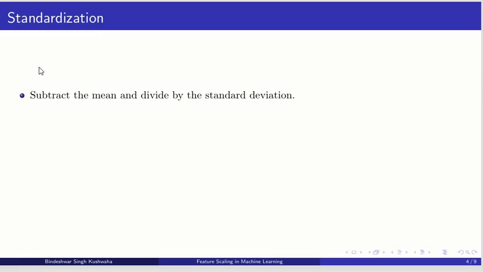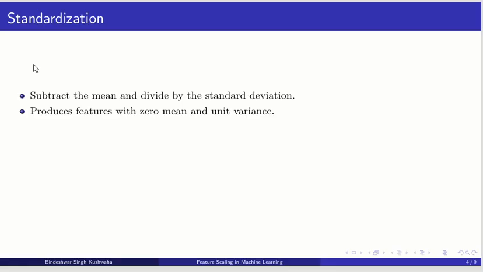Now what is standardization? Subtract the mean and divide by the standard deviation from the feature. It produces features with zero mean and unit variance, and that process is called standardization. Note that zero mean and unit variance does not mean it is between 0 and 1, just zero mean and unit variance.